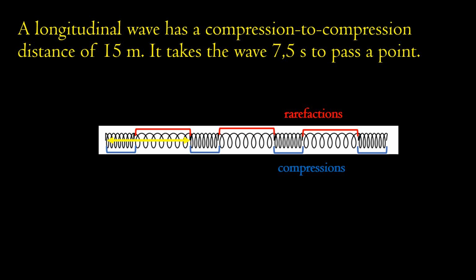We can label the point at the start of the first compression A, and the point at the start of the second compression B. This means that the distance from A to B is 15 meters.